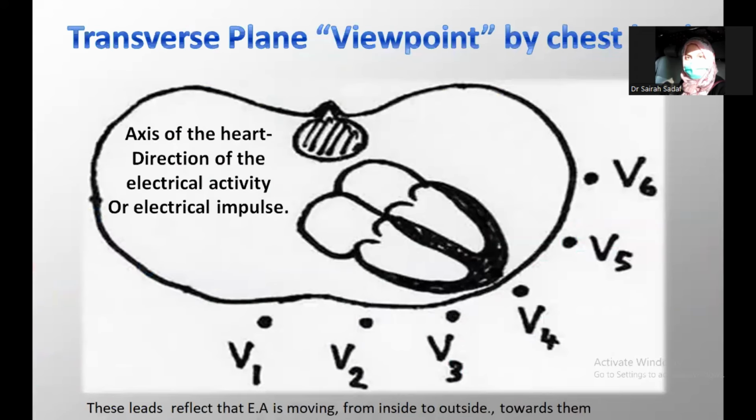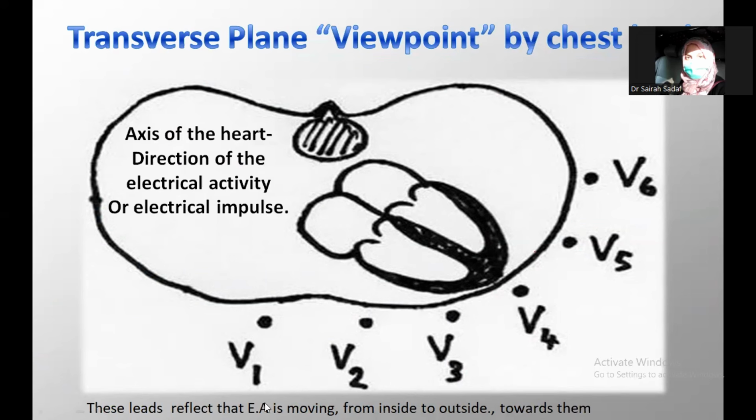Now about the chest electrodes, precordial leads. Now the electrical activity is coming from inside to outside, of course, towards them, and they are just on the chest. Now, very interestingly, you can see V1 and V2 are almost on the right side of the heart, and V5 and V6 are almost on the left side of the heart, right?